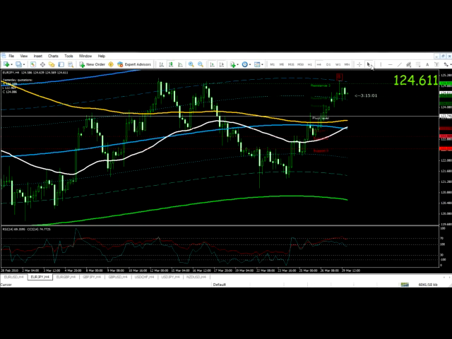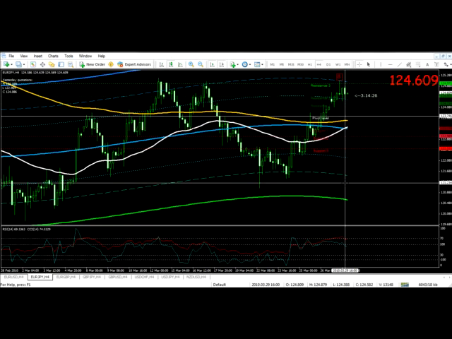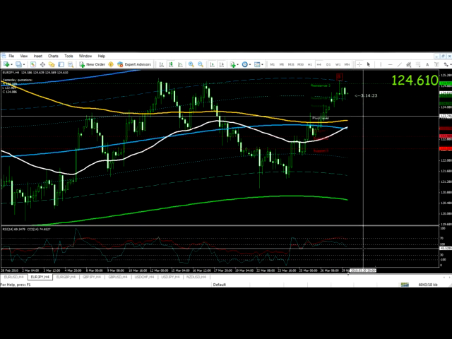So the way you really use it is when price is coming back into the center. So if you notice here with my crosshairs, once it started coming into the center, you see the price starting to come back down. So the center is really the neutral zone.